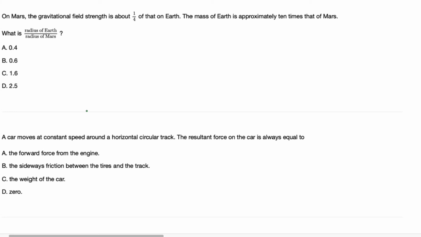On Mars, the gravitational field strength is about 1/4 of that on Earth. The mass of Earth is approximately 10 times that of Mars. What is the radius of Earth over radius of Mars? So we know that the gravitational field strength of Mars is equal to 1/4 of that on Earth.